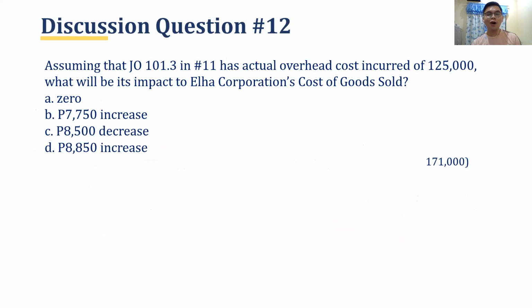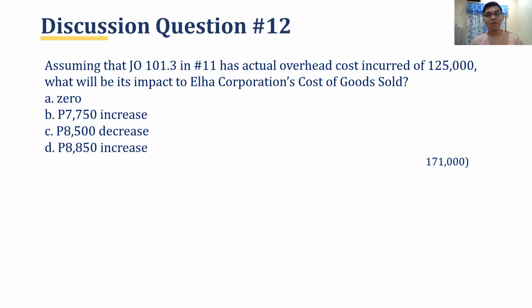So with this kind of question pa lang, alam mo na that yung itatanong is a comparison of your overhead applied and your overhead control. Sabi ko nga kanina, whenever you deal with manufacturing costs, yung gamitin mo ay overhead applied. Whenever there's a difference between your applied overhead and control overhead, over or under application shall be closed to cost of goods sold.